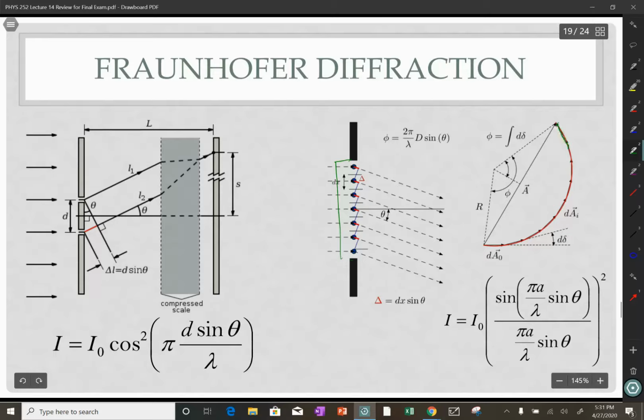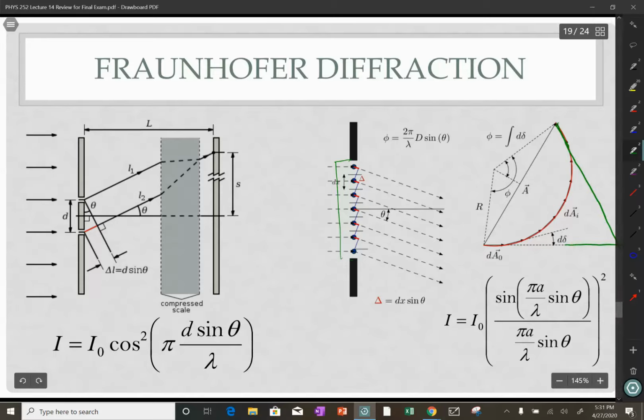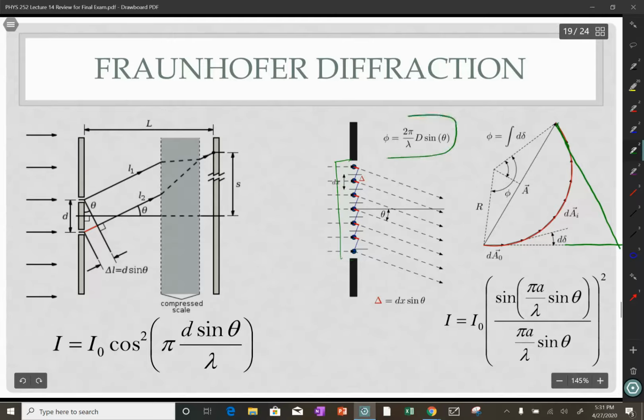And this last one here is at an angle which we can't see. That's this angle here. And then we use geometry to relate the difference between the starting and ending.